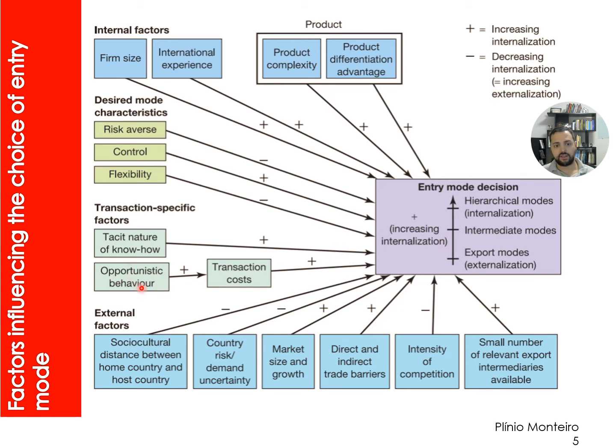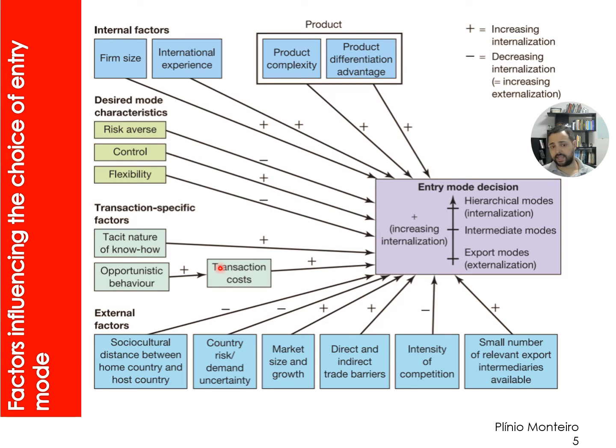Also, if you have a lot of opportunistic behavior among your partners or your suppliers, this will increase the transaction costs. For instance, you're exporting your product, but you know that the companies that are buying your product in the foreign country are selling it with a lot of profit.